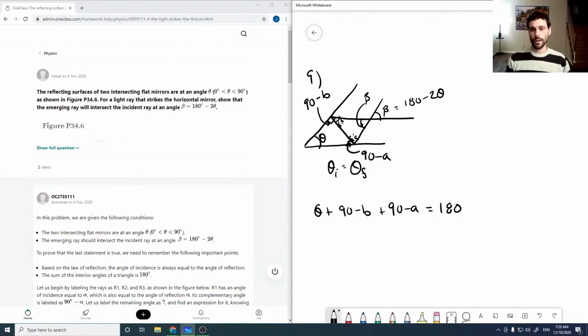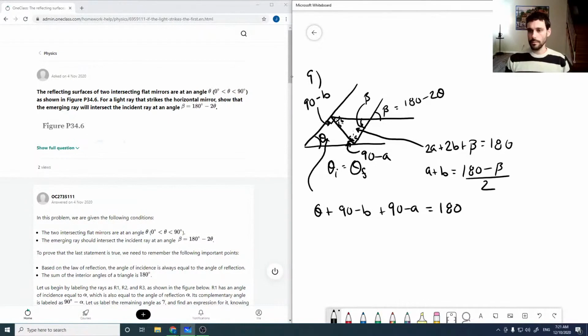And so if we look at the angles in this triangle over here, so now if we look at the angles inside this one, then we've got 2A plus 2B plus beta equals 180. So we can solve this for A plus B by saying that A plus B is equal to 180 minus beta over 2.